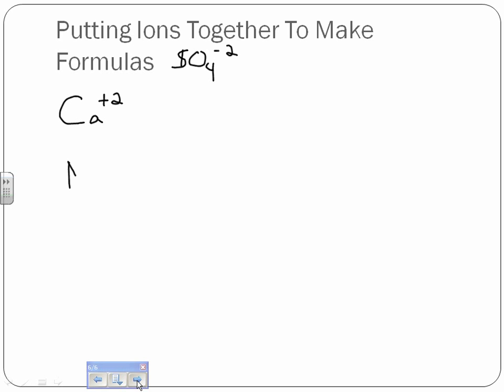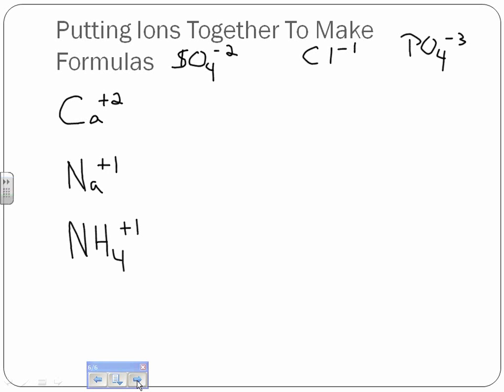I'm also going to do sodium, +1, and we'll also take a look at chloride, -1, so we can kind of see how this works. And then the last one I'm going to show you involves the cation ammonium +1 and phosphate, which is PO4 -3.